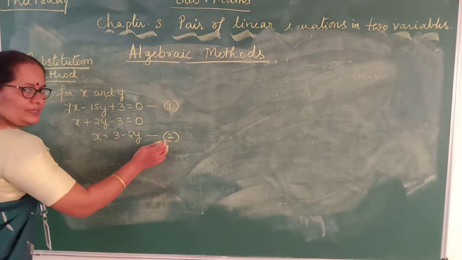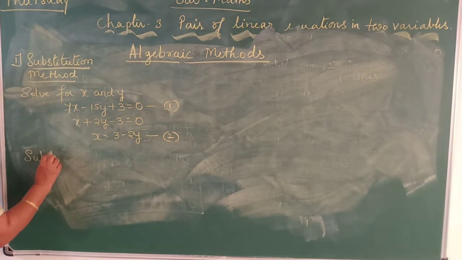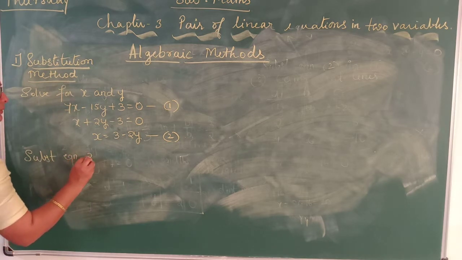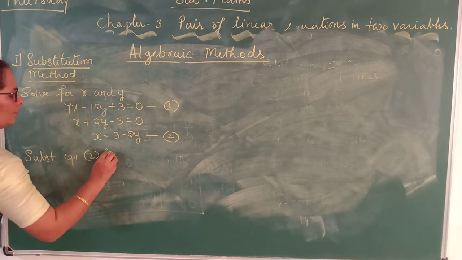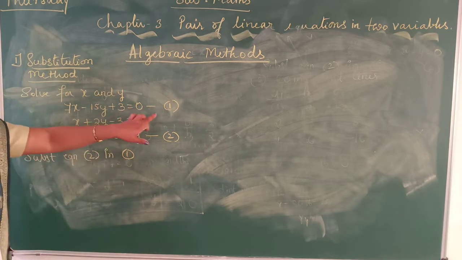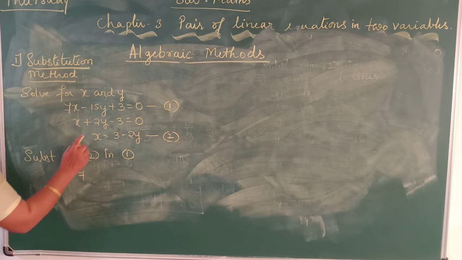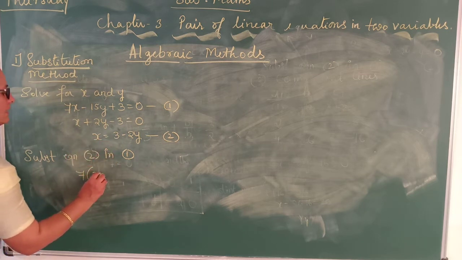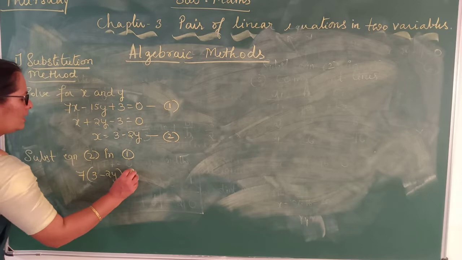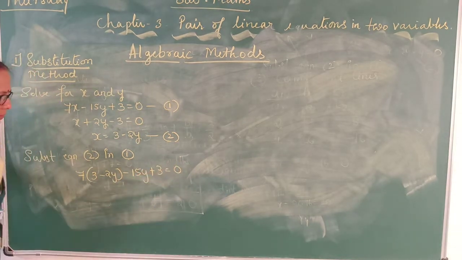Now substitute equation 2 in equation 1. So what do you get here? 7 into x, and x is 3 minus 2y, minus 15y plus 3 equals 0.